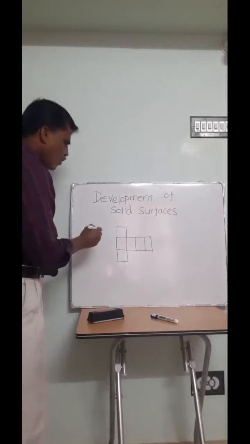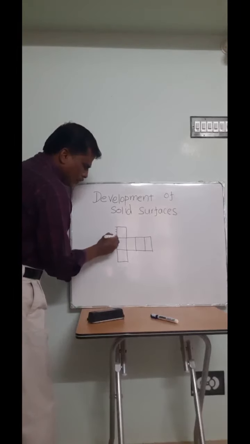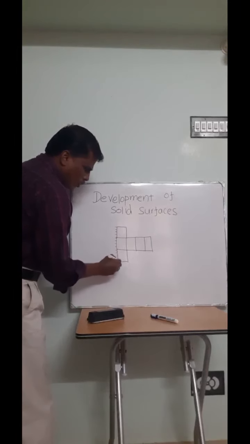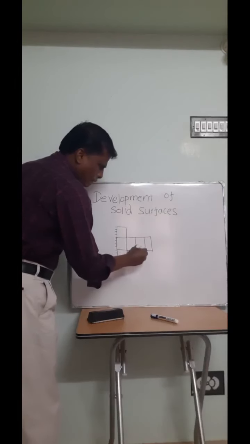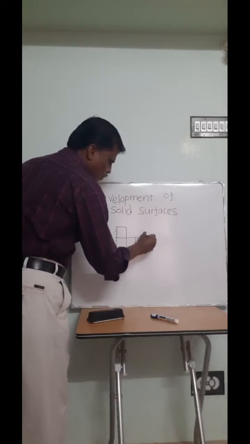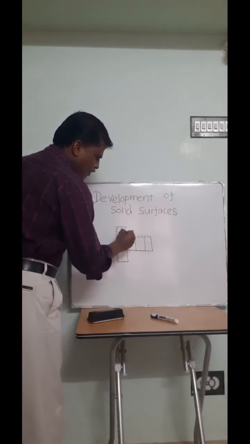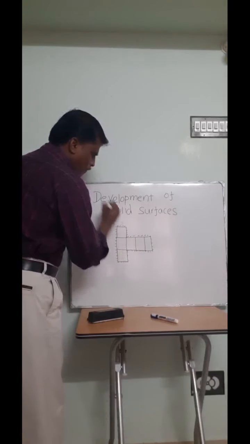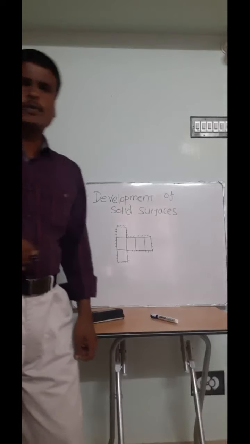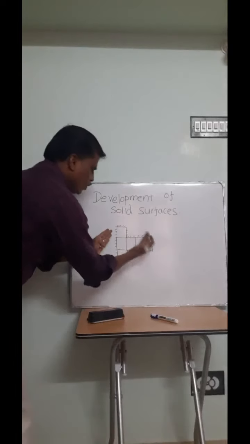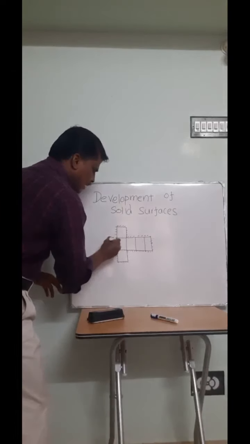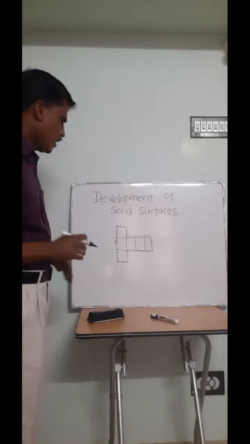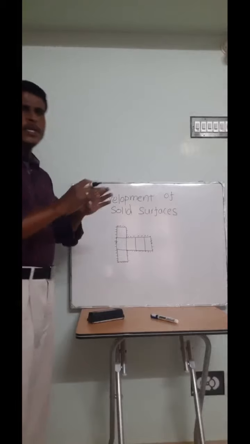That's all. Now I am going to cut through the outer surface and then fold it, 1, 2, 3, 4, so that this side and this side will join, and top and bottom can be joined.